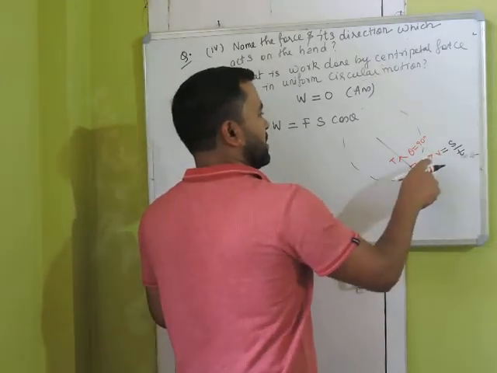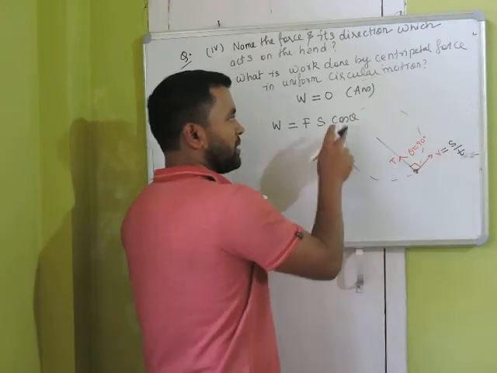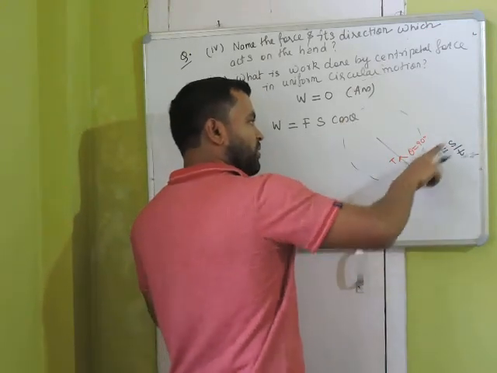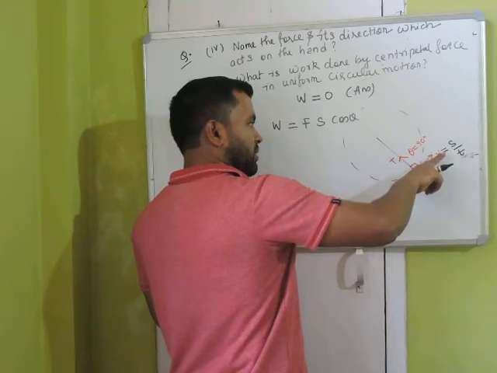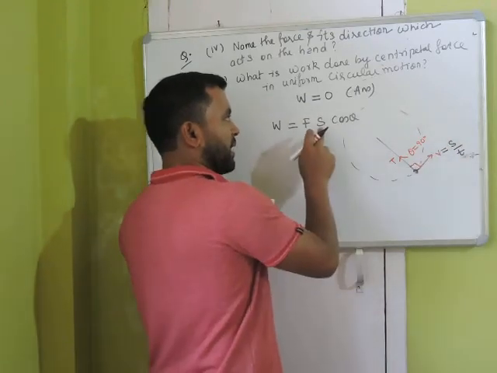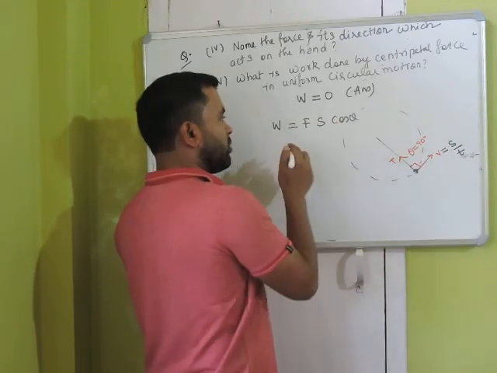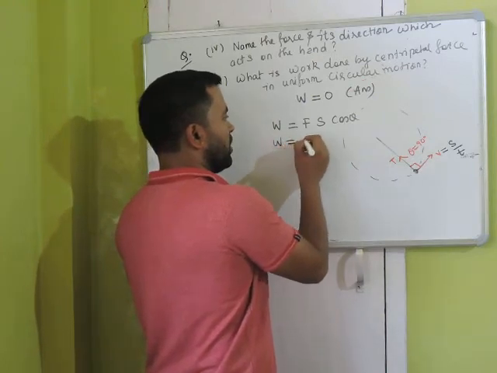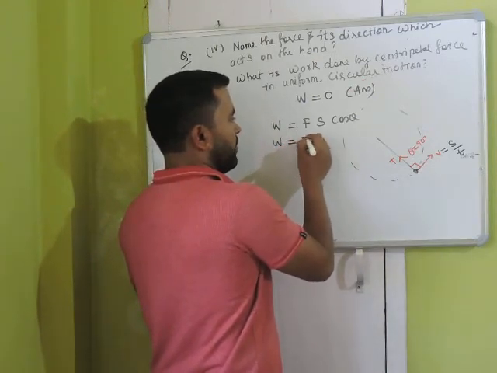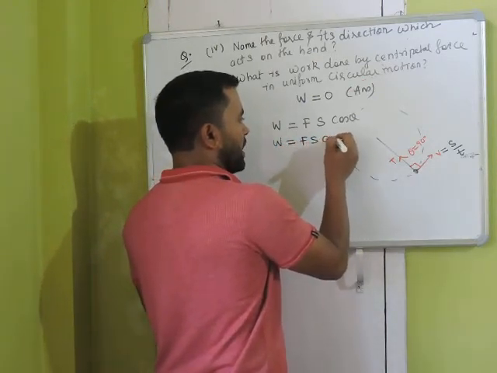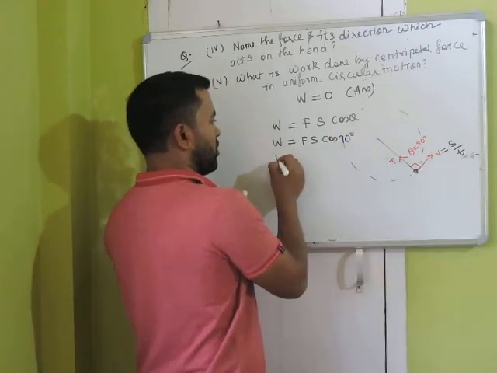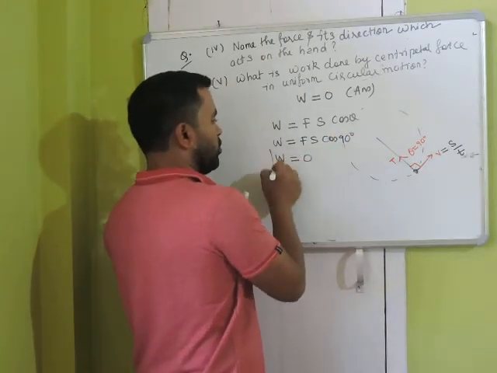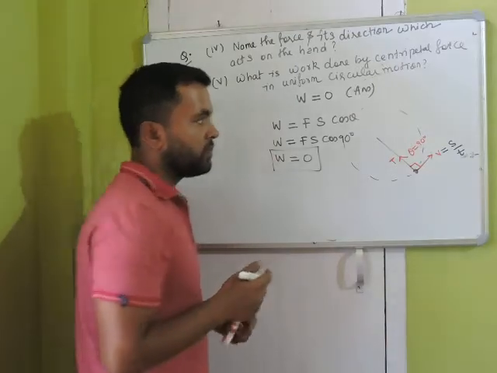This displacement we are writing S, which is along the velocity. This theta turns out to be 90 degrees, so W equals F s cos 90 degrees. We all know that cos 90 degrees is 0, so work done is 0.